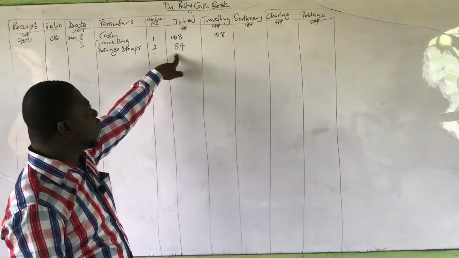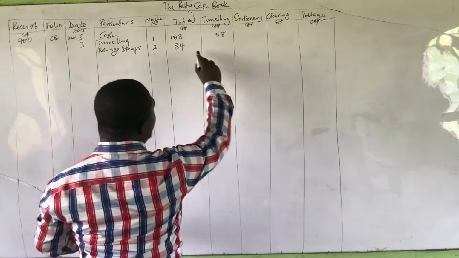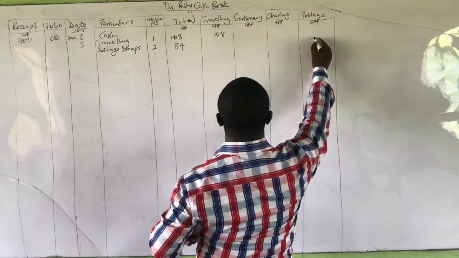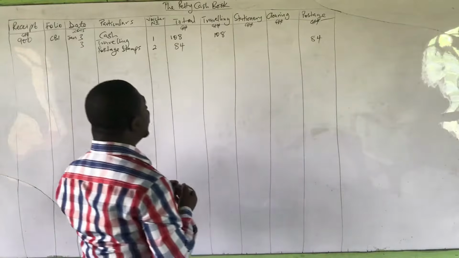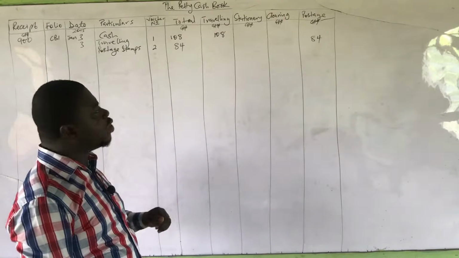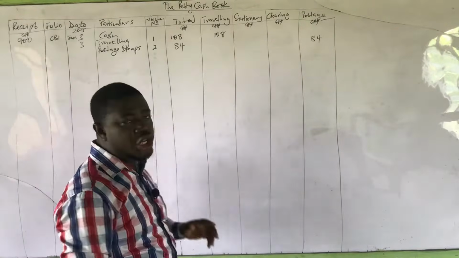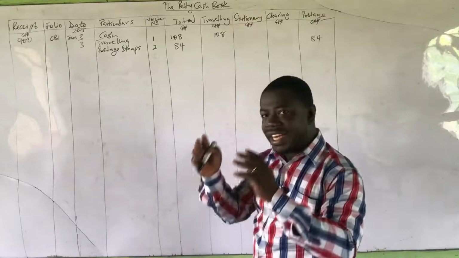Take note. Then we have spent an additional 84. Postage stamps will go under postage. So I'll extend this 84 to postage. Now, if you add 108 to 84, it means that you have already spent 192 Ghana cedis. Out of this 900, you have spent 192.